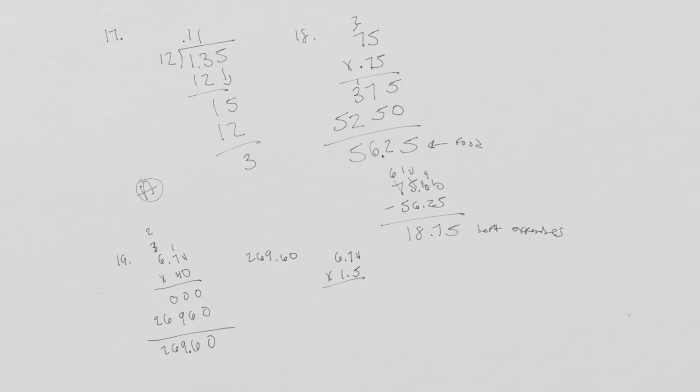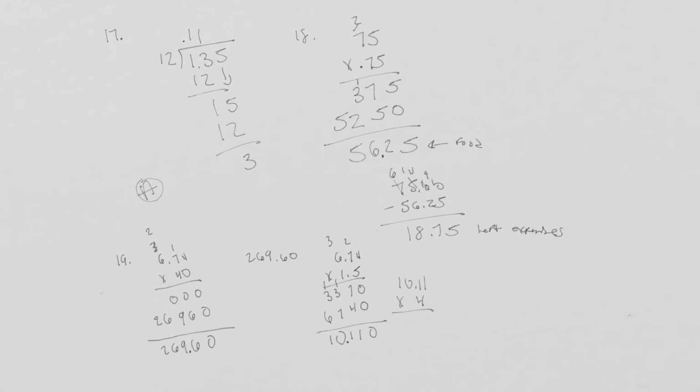So 1.5 because it's time and a half. 6 times 5 is 30. 30 plus 3, 33. So 10.11 per hour.